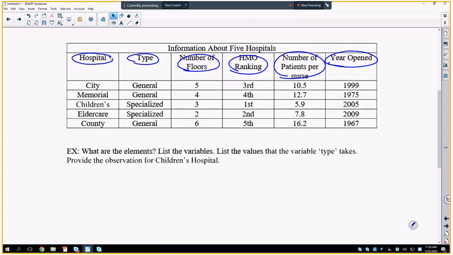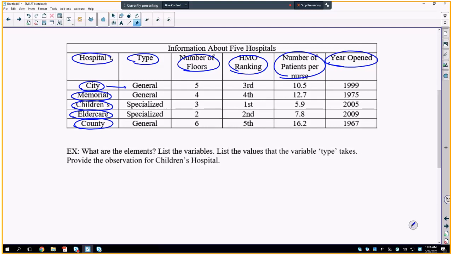Then going down the leftmost column, for each hospital, here's the name. And the rows will correspond to the named hospital. So for the hospital that is named City Hospital, we have its type, its number of floors, its HMO ranking, the number of patients per nurse, and the year open. So that's how we read the table.